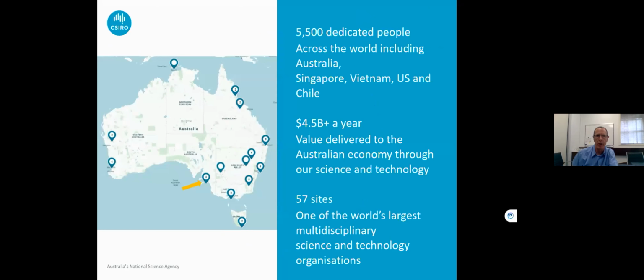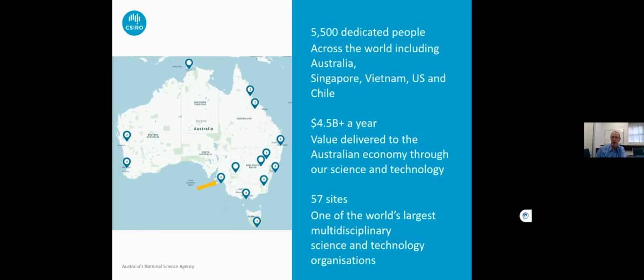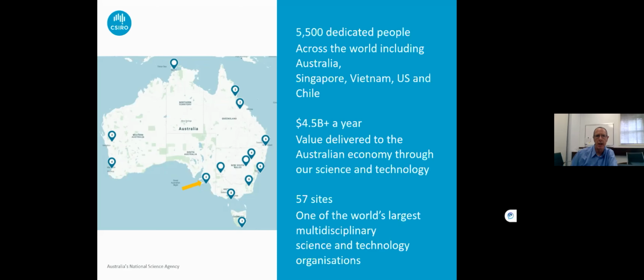IT roles, obviously, not all research, all the supporting roles as well that go along with a research organisation. But we also have a fairly significant revenue contribution to the country through licenses, patents, and I suppose collaborative research. So probably one of the largest research organisations in the world.